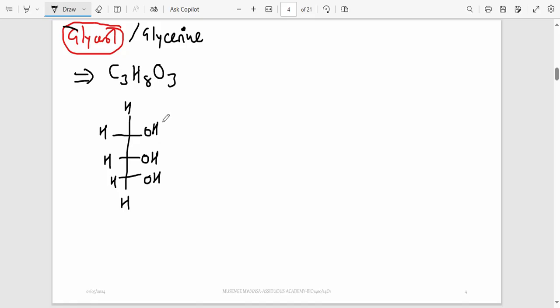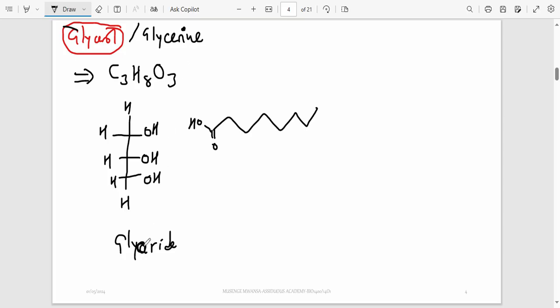Now, when we get glycerol, we combine it with a fatty acid. Remember how a fatty acid is? You have this group. So glycerol plus fatty acids forms a molecule that we call a glyceride. Please, this is not glycerin. Glyceride.